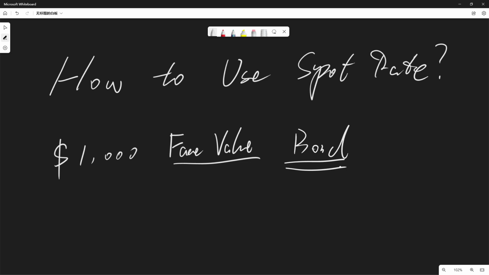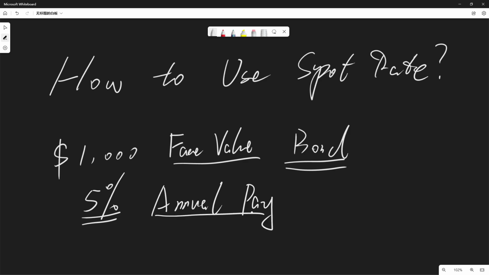And if I tell you that the bond pays you 5% annual pay, which means that at the end of the year you will receive 5% of the return. That 5% does not tell you anything at all except the amount of cash flow that you will receive.